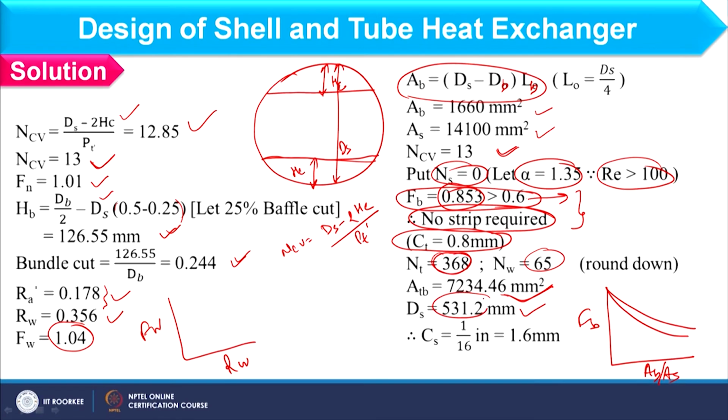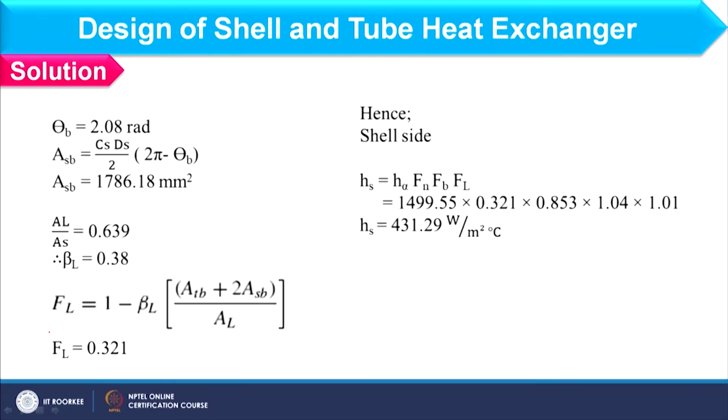So corresponding to shell diameter you can find out CS value from the table, where shell diameter and baffle diameter are given as per the shell diameter range. Okay. So, depending upon all these values you can find out ATB and ASB, but for that you also require theta B value. That theta B value you can obtain as 2.08, which corresponds to 25% baffle cut, right.